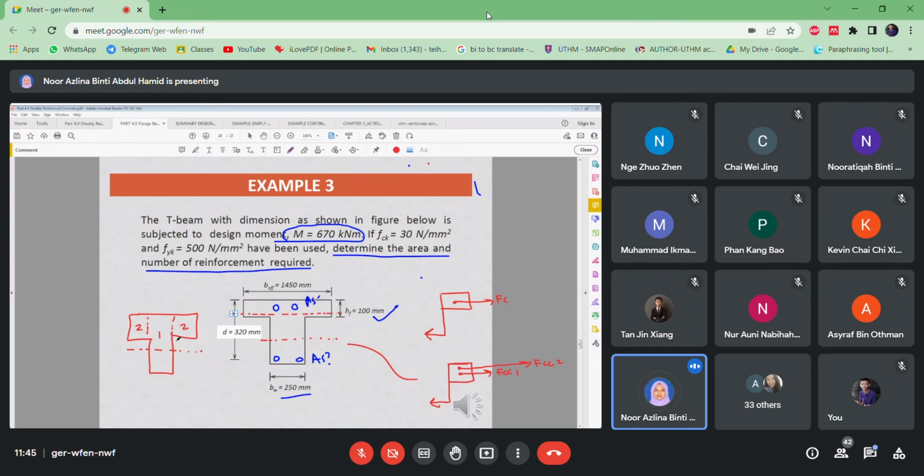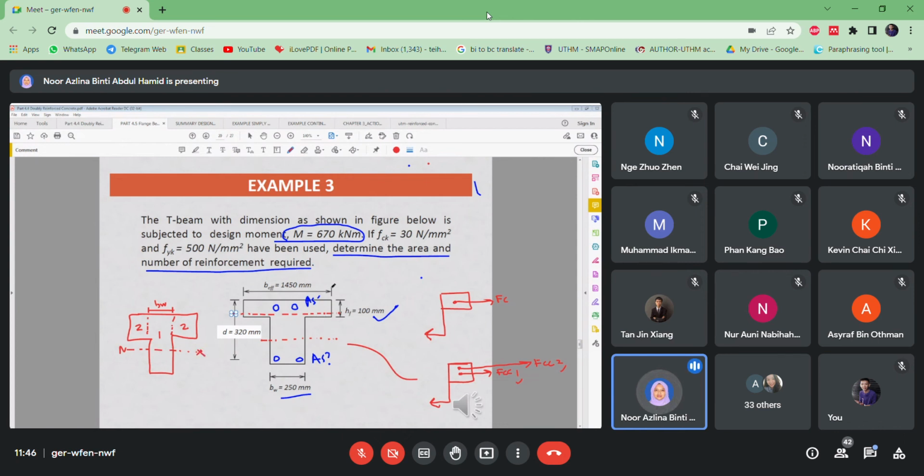Okay, it's just for the BW here. So that means a combination of concrete in flange and concrete in web here. So that's why there will be FCC1 and FCC2 once the neutral axis lies in the web here.